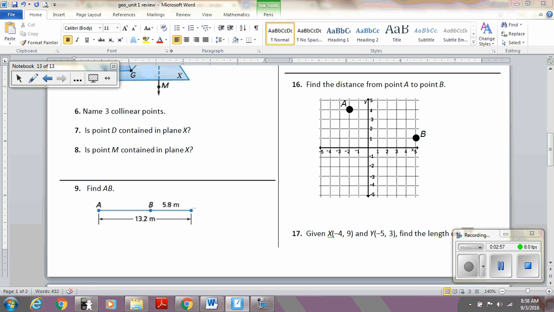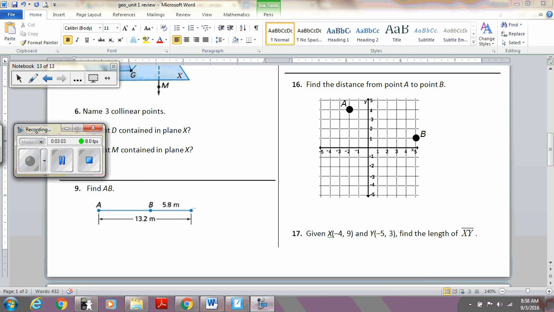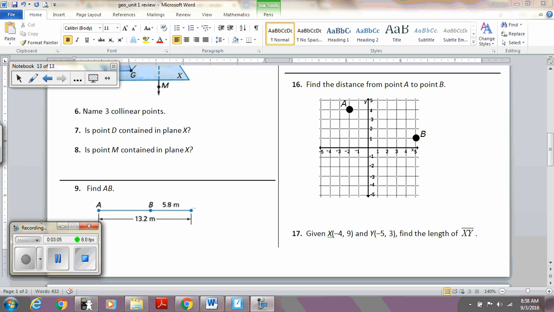All right, next one is number 17. Number 17 wants us to find the distance between x and y, and they don't provide us a grid. So in this situation, it might be best to use the distance formula. Again, we have our distance skeleton, is what I like to call it.